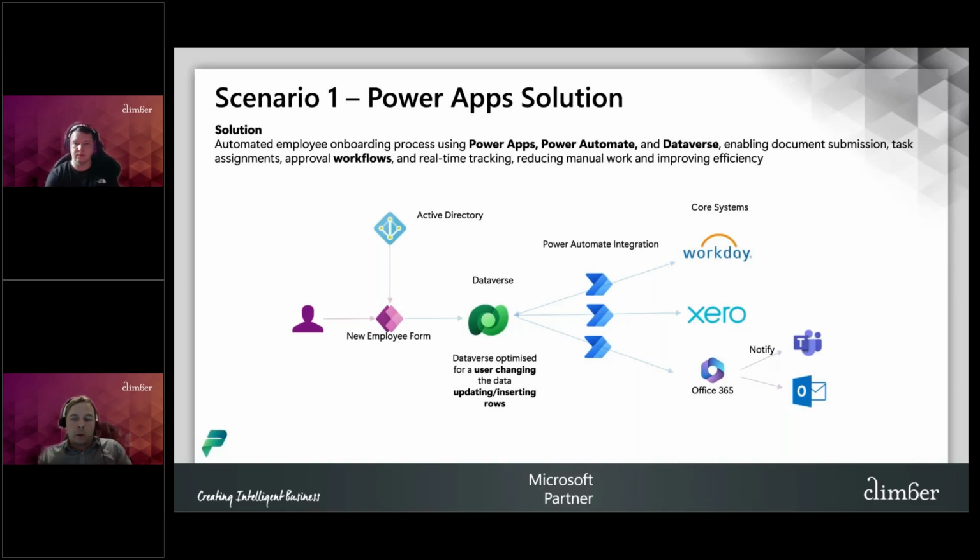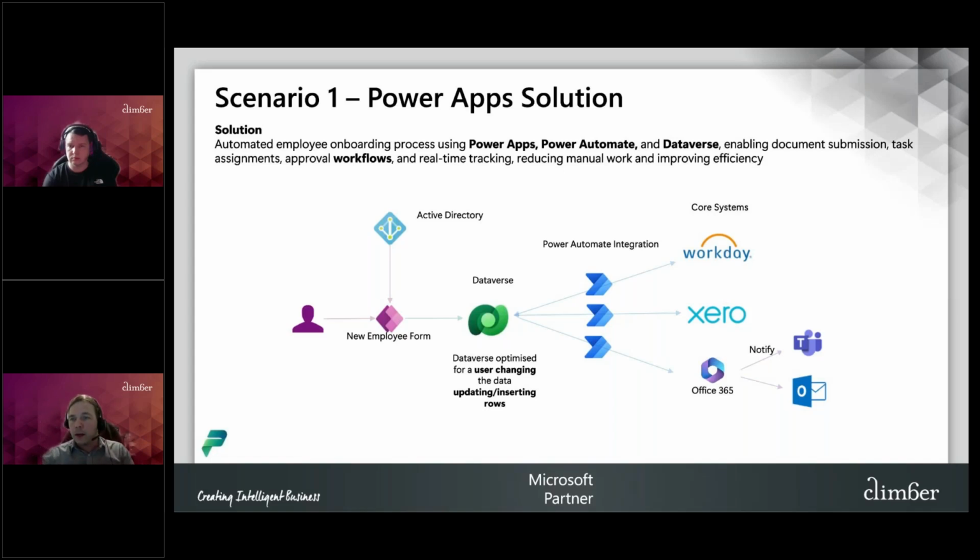And then we can also use the integration with Office 365 to send Teams or email notifications. And we can even put in approval processes in this as well. So it could notify somebody to make an approval and then insert the data into the core systems.